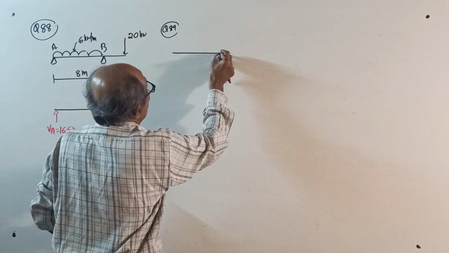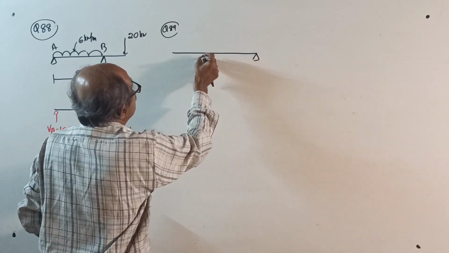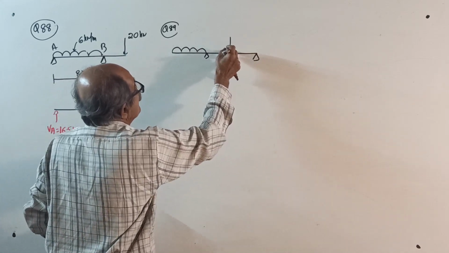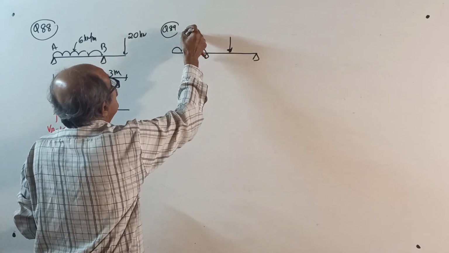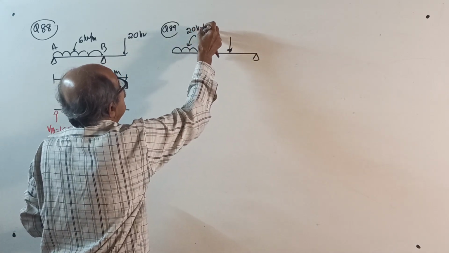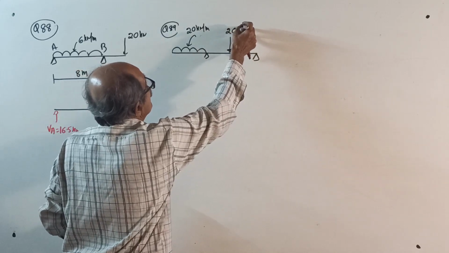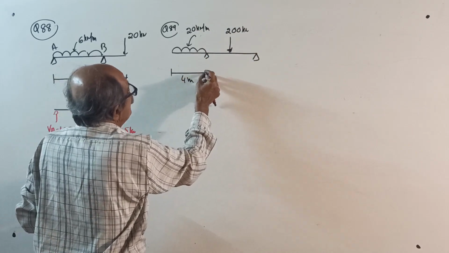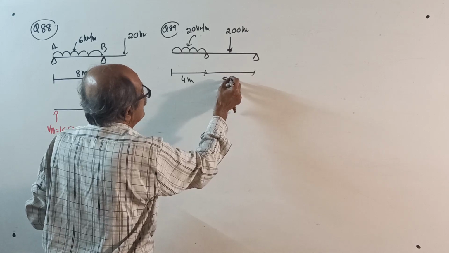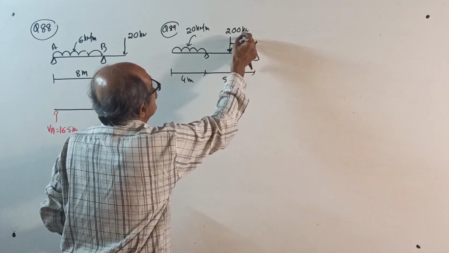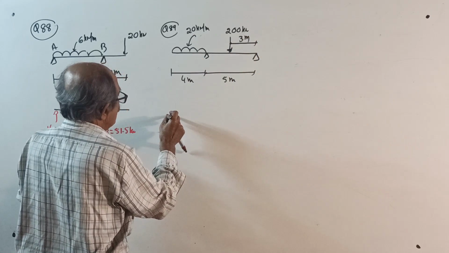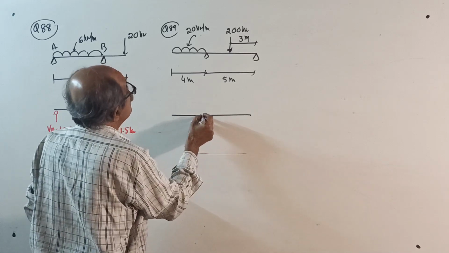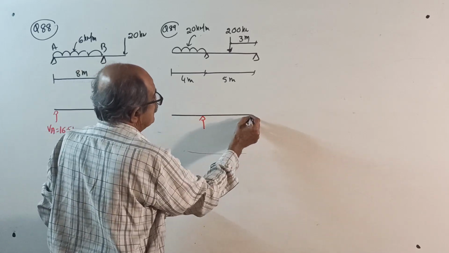I will go for left overhang. This time I will put UDL in the overhang and one point load here. See, all are simple questions. 20 kN per meter and 200 kilonewton. This overhang is 4 meter. This is 5 meter. This is 3 meter. I am again sure both will come upwards.